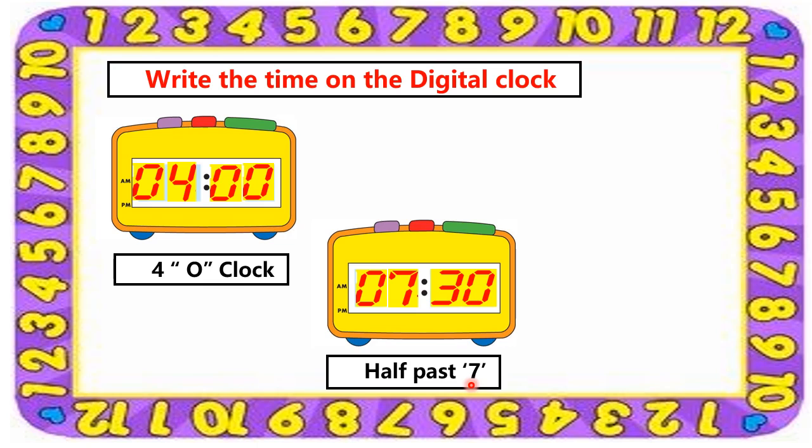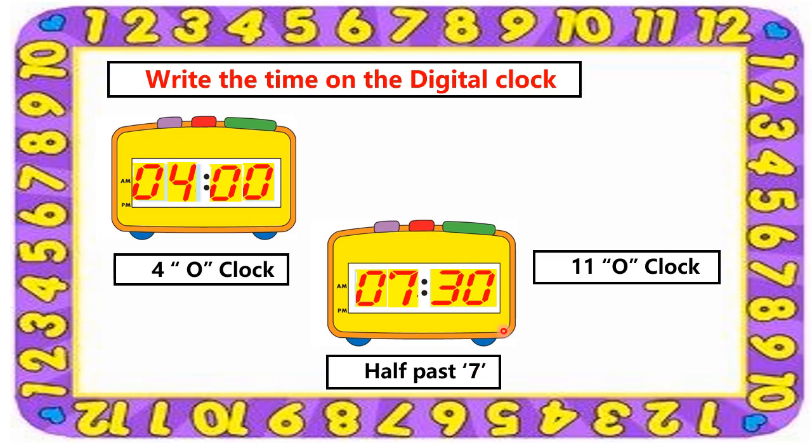So 7:30 means 7 hours and 30 minutes. In a digital clock we write 7:30 like this, 7 hours and 30 minutes.